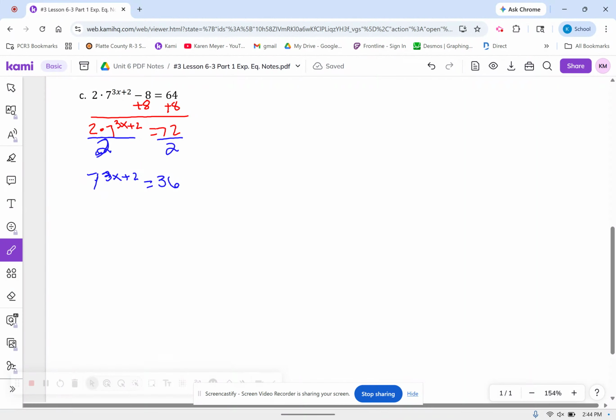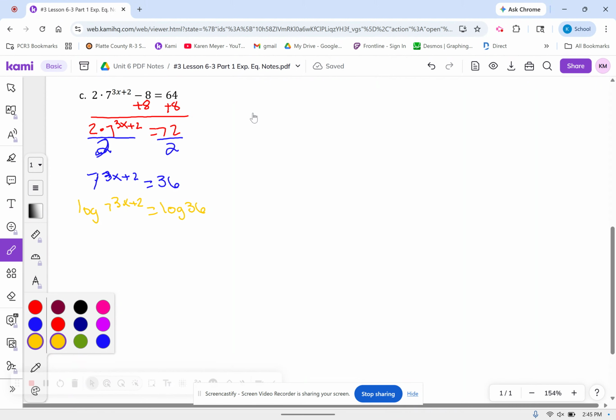And then we want to get the x out of the power slot. So this is where I would think, oh yes, I want to put a log there so I can move my exponent out in front. Remember, if I put a log on one side, I must also put a log on the other side.